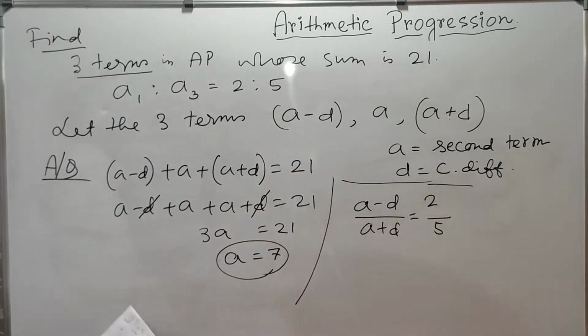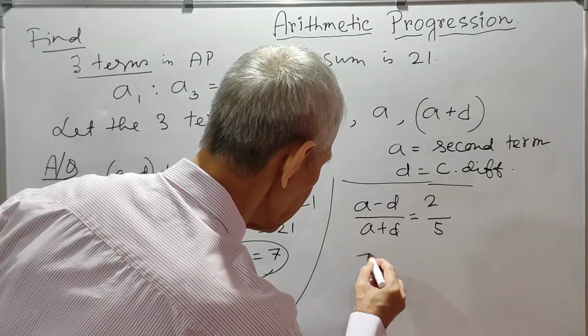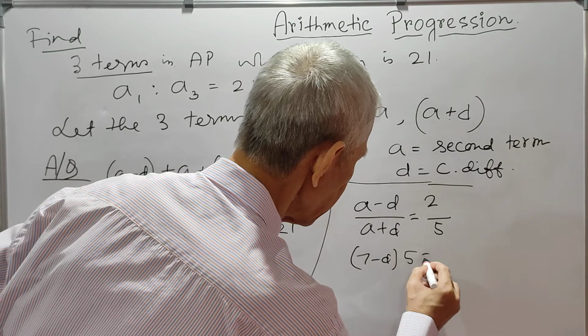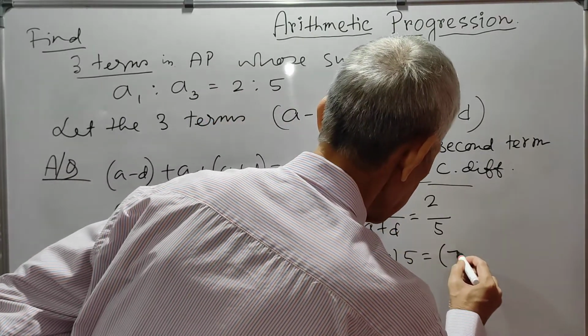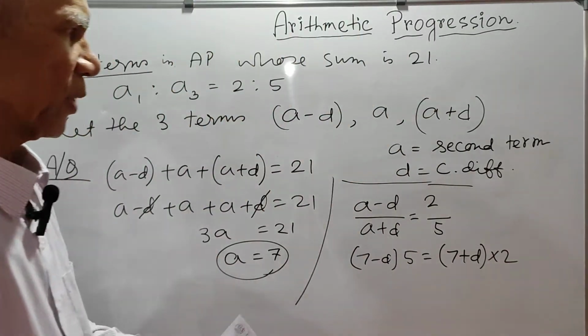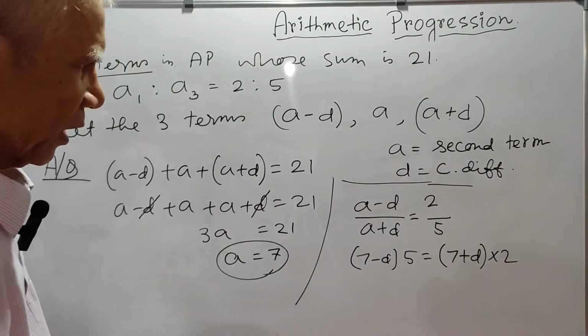Now we solve it. We put the value of A as 7: 7 minus D into 5, cross multiplication, equals 7 plus D into 2.